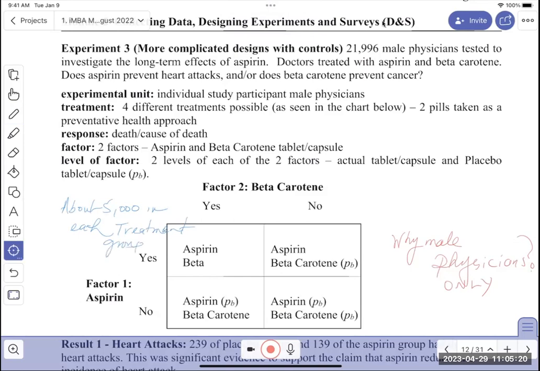And among those 5,000, you have to be able to observe enough heart attacks and a difference between treatment and control group.